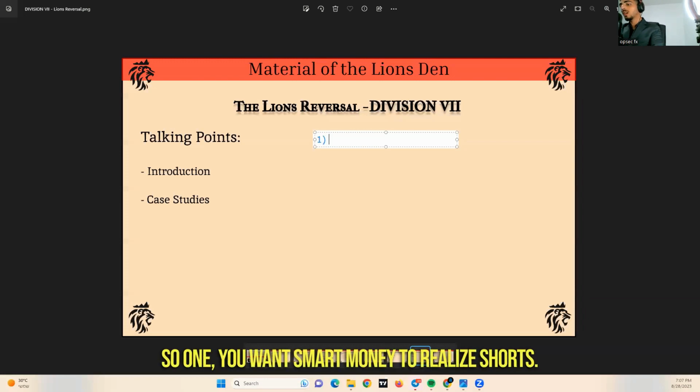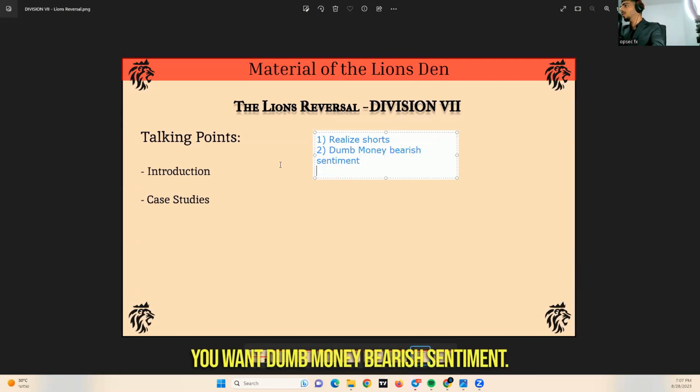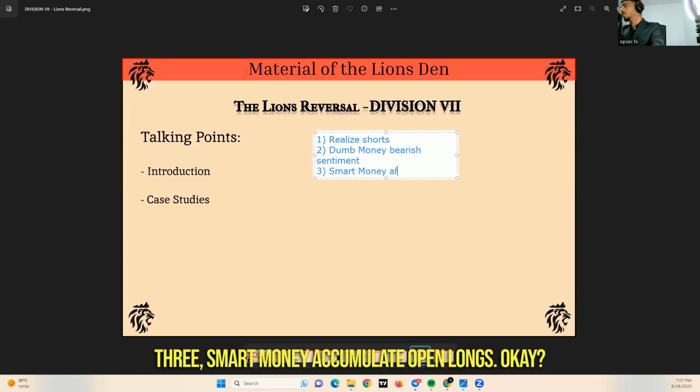So 1, you want smart money to realize shorts. 2, you want dumb money bearish sentiment.